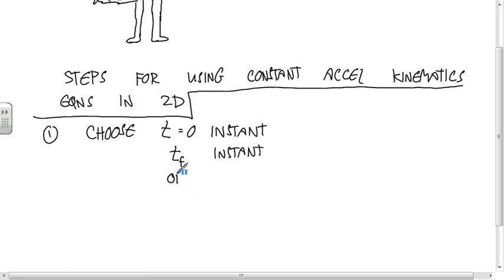Choose an origin location. And choose a coordinate system orientation. Just like in 1D, you can use these for free fall problems or other types of problems.